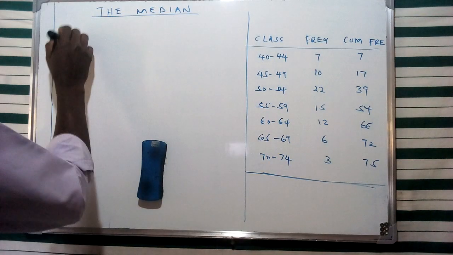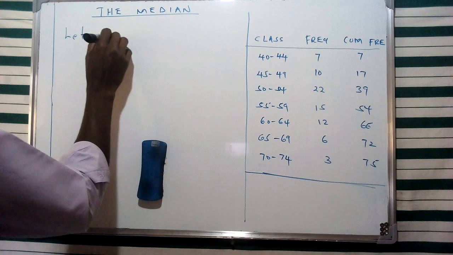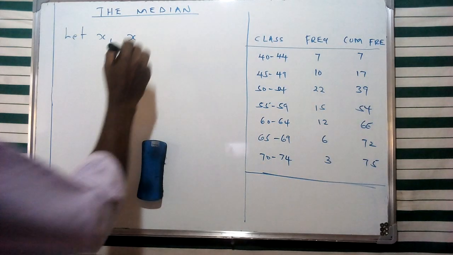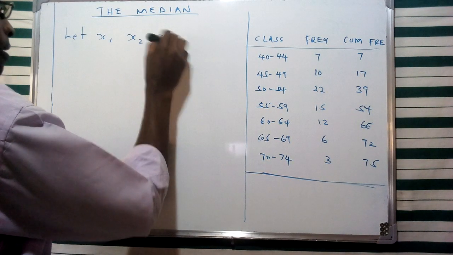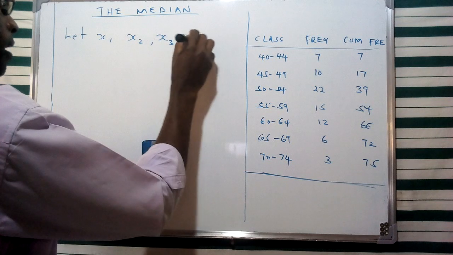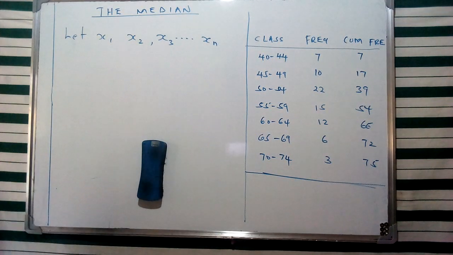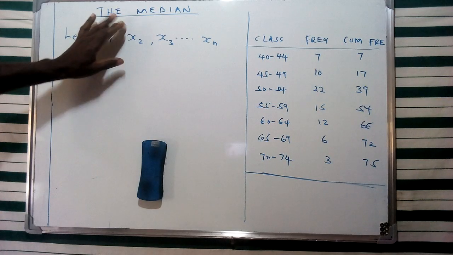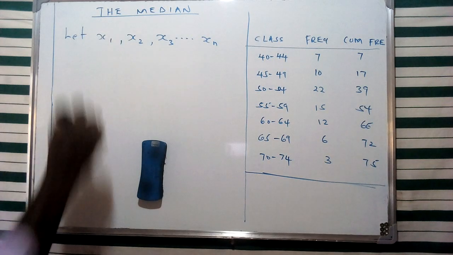And we are given a general case for our representation for the values of a particular set of data which can be organized as x1, x2, x3 for a general variable of x up to xn.